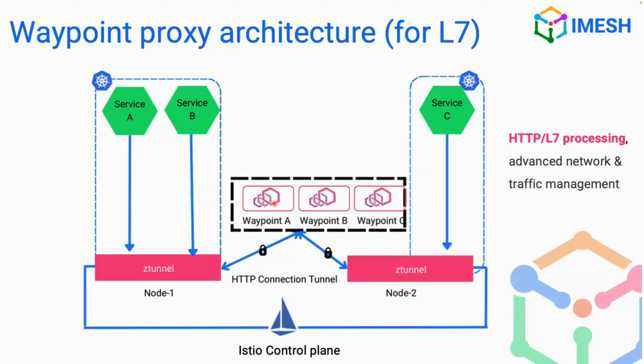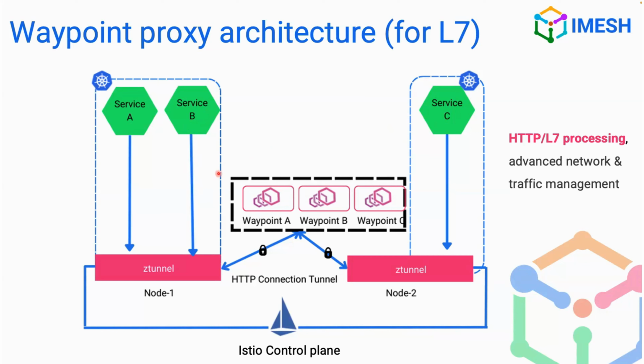By default, when we enable a waypoint proxy, it can be attached to a namespace. Consider only one waypoint here, and if that is configured for the namespace in which C is residing, then all the requests to the services in that namespace, no matter how many services there are, will go via the waypoint.